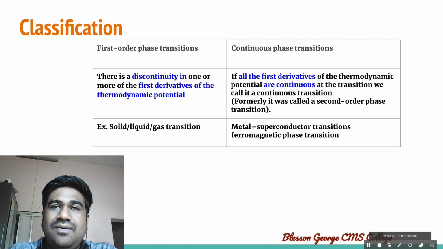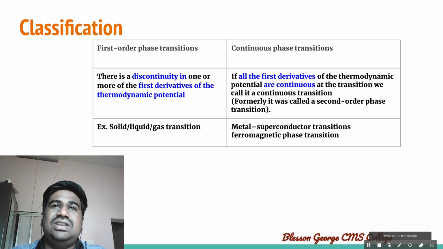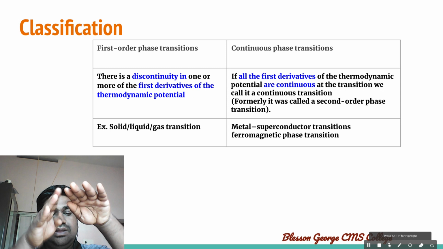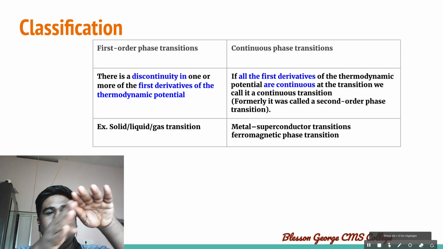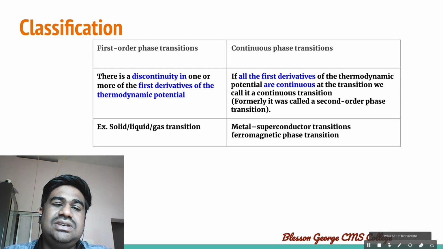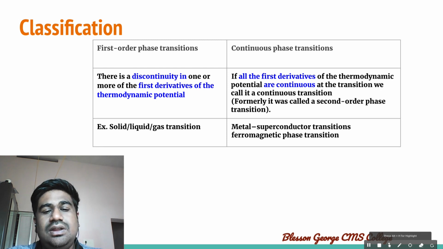Remember that if any of the first derivatives is discontinuous, there is a sharp change. Discontinuous means the graph goes like this, then it drops suddenly. So there will be a discontinuity. If there is a sharp change in any of the first order derivatives, it is called a first order phase transition. If all the first order derivatives are continuous, it is called a continuous phase transition.